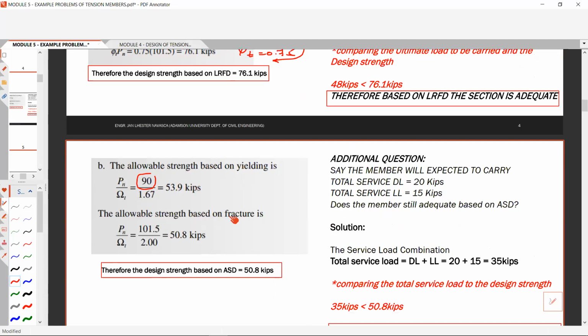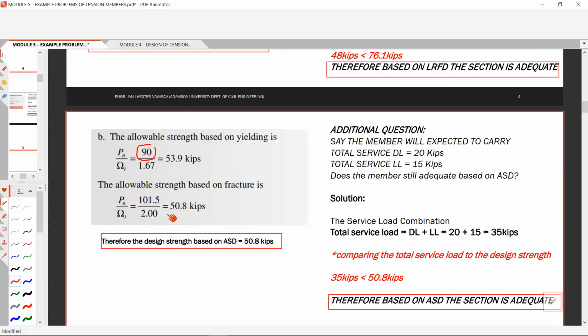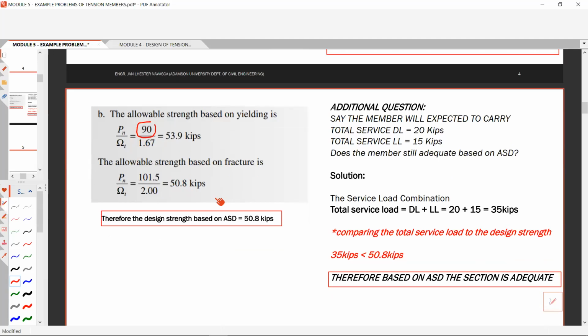Then, based on fracture, the nominal strength is 101.5 kips. The factor of safety is 2.0 based on fracture. You get 50.8 kips. Again, our capacity will be the smallest of all the limit states, so we will be using the capacity of 50.8 kips.